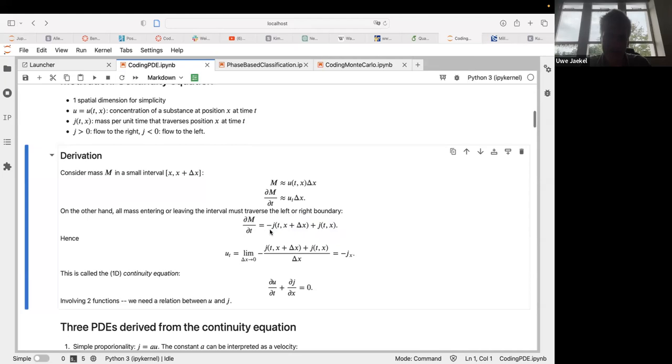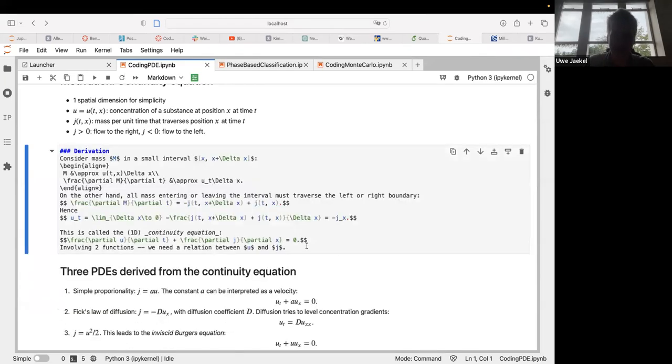So that means we have equality, and now we do the following. We rearrange the equation and divide both sides by delta x, and then we get this difference quotient. Oh, sorry, I made a typo here, because this is minus.